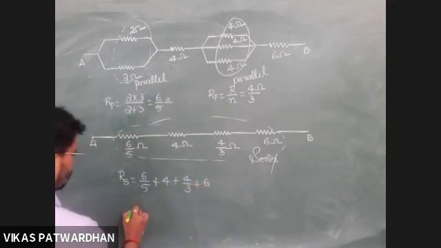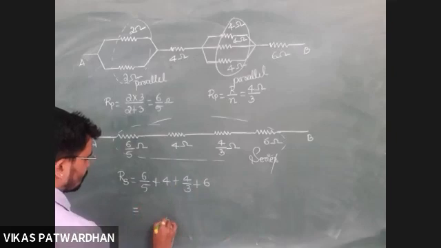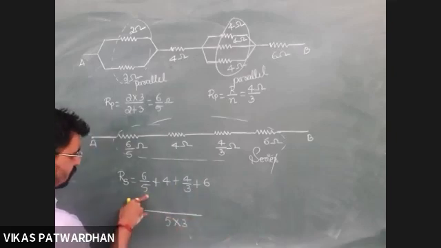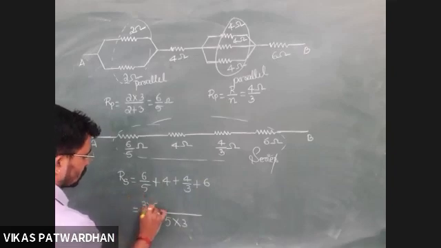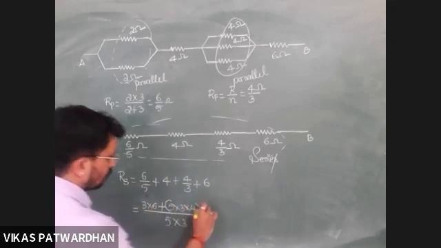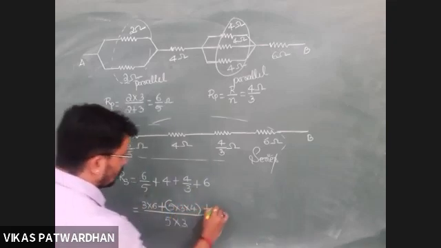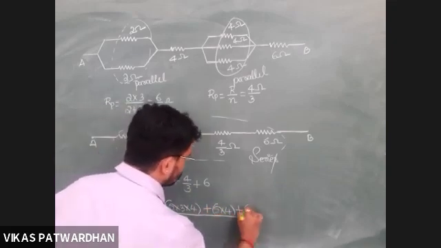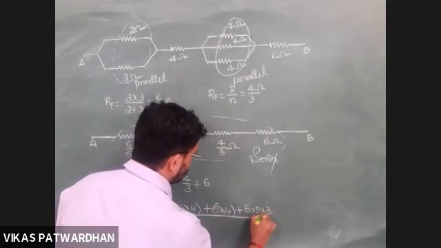Now it is simple basic mathematics. LCM is 5 into 3. On my left I have 3 into 6 plus 5 into 3 into 4 plus 3 here, 5 into 4 plus 6 into 5 into 3.